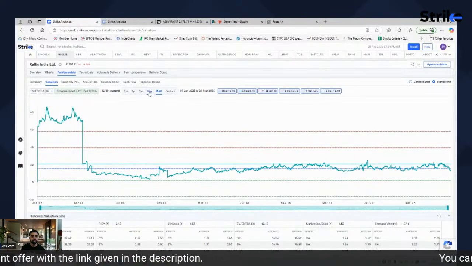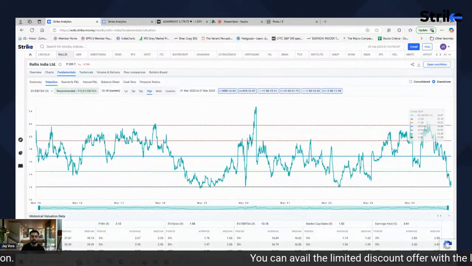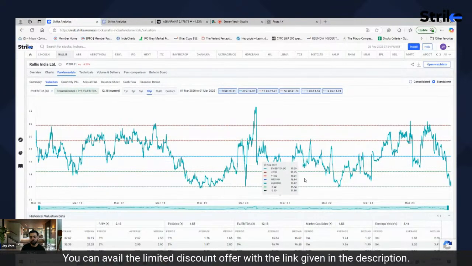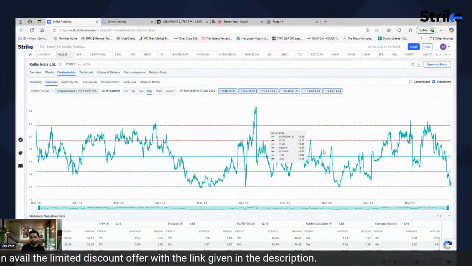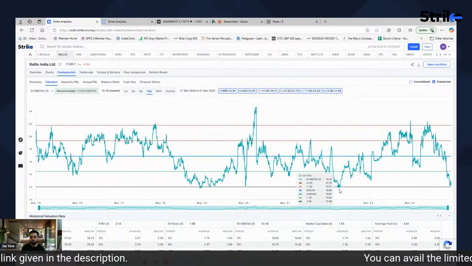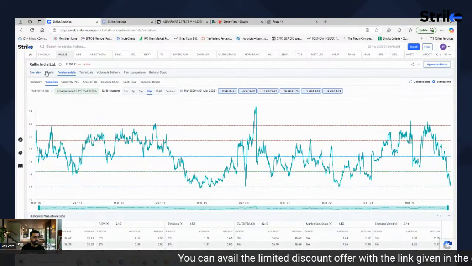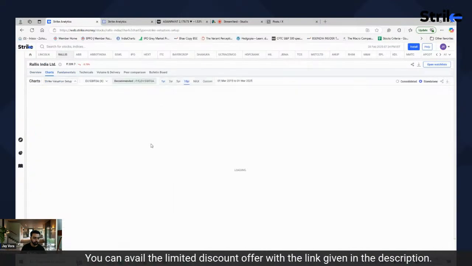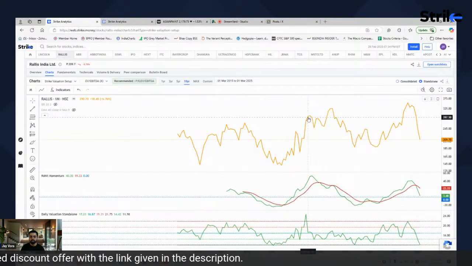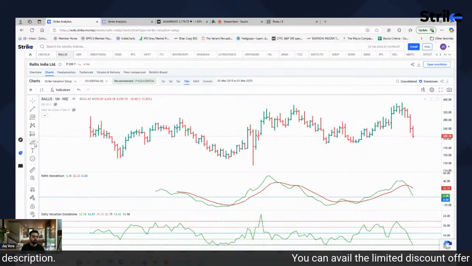But if you see the last 10 years, you can see how beautifully it is following this range. Whenever it goes above the 2 standard deviation, from there we probably need to keep a bit of caution. But at the same time, when it comes down, eventually the valuation has improved and it has moved higher. So let us see it on the chart. This was the case over here, as you would see, somewhere over here.